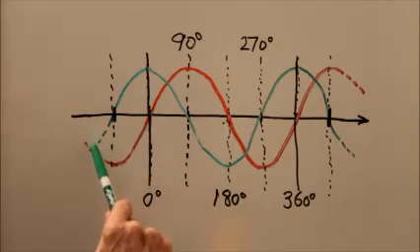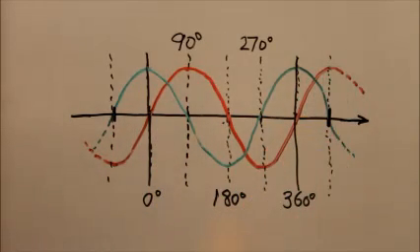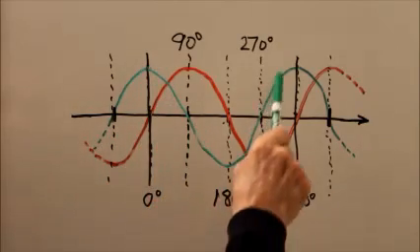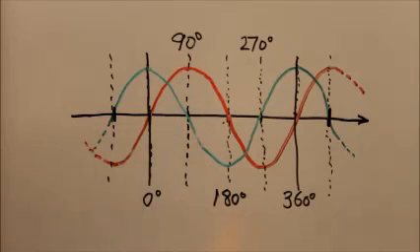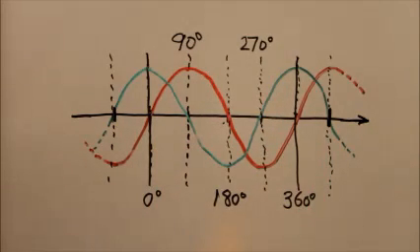On the other hand, if we let the red wave represent voltage and the green wave represent current, then the current wave occurs 90 degrees earlier than the voltage wave, and we would say that the current leads the voltage by 90 degrees.